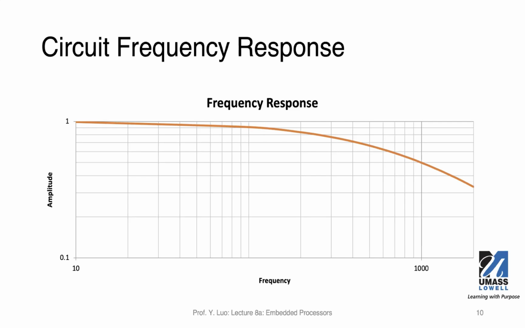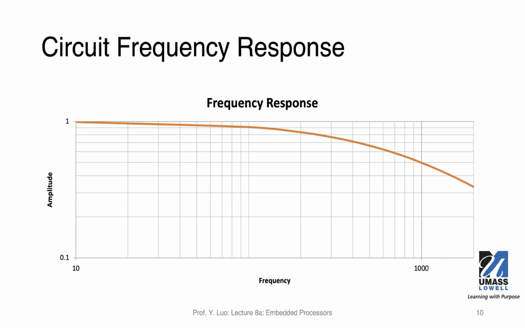What we see here, the general trend is that, as we said, this is a low-pass filter, so you expect the amplitude will gradually decrease as the frequency increases. And at some point, in fact, for this particular circuit, if you calculate the cutoff frequency, it's about 1 kilohertz. It's 999 or 994, something like that.